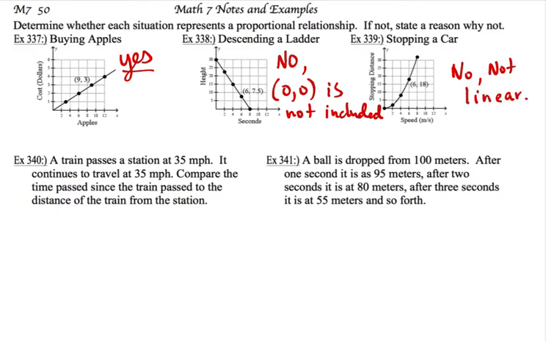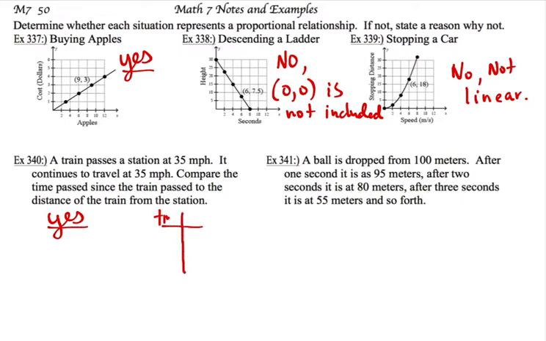A train passes a station at 35 miles an hour. It continues to travel at 35 miles per hour. Compare the time passed since the train passed to the distance the train is from the station. On this one, it actually is proportional. And a quick explanation of why.